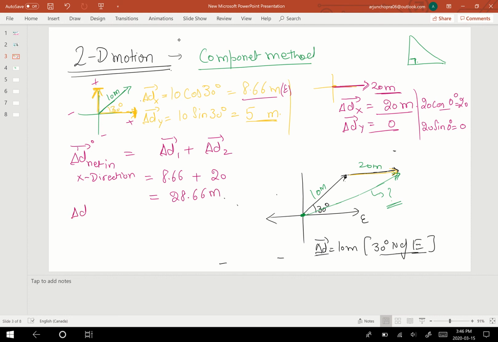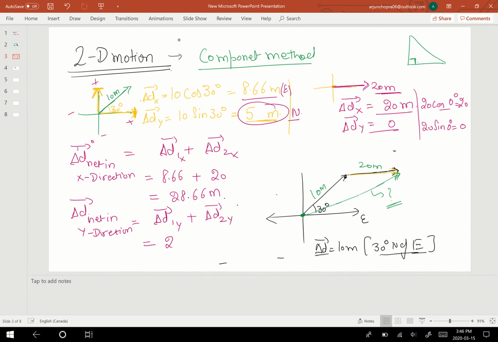Now delta D net in the y direction will be equal to delta D1 y, I should write x here, plus delta D2 y. Again, this value is 5 meters. This is in the north direction, so I'll keep it as positive.